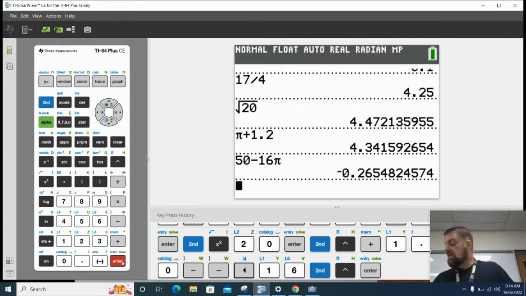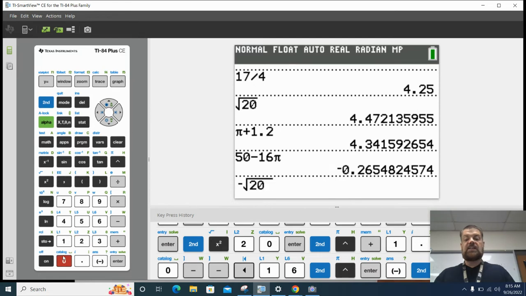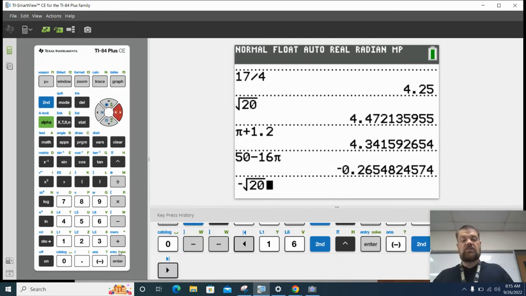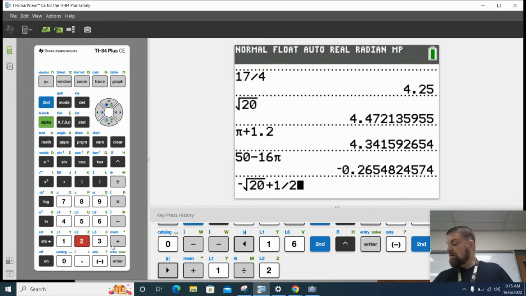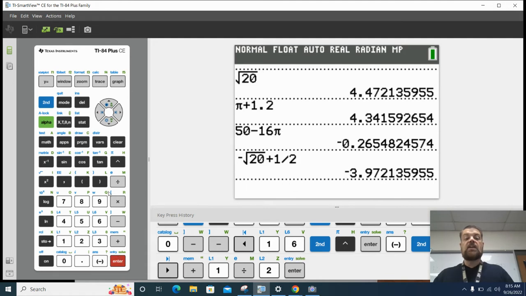Okay, that's a negative number. Then the next one is negative square root of 20 plus 1 divided by 2. They're doing that on purpose. And so that's a more negative number.